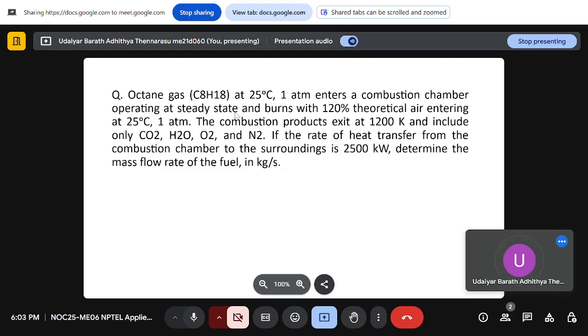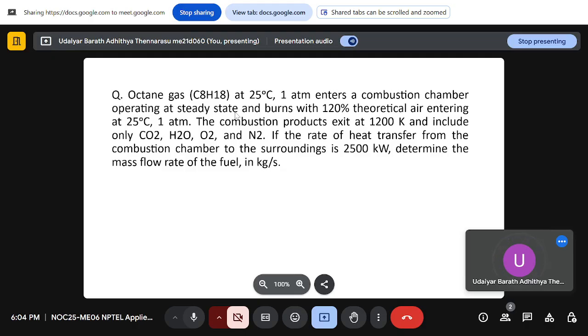So we know that in the combustion chamber, your inlet is octane gas at 25 degrees Celsius, and air which is also coming in at 25 degrees Celsius. When complete combustion is happening with 100% theoretical air, we'll estimate the products, and then the remaining 20% air quantity in the product.